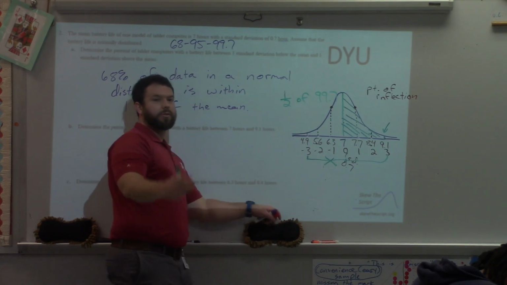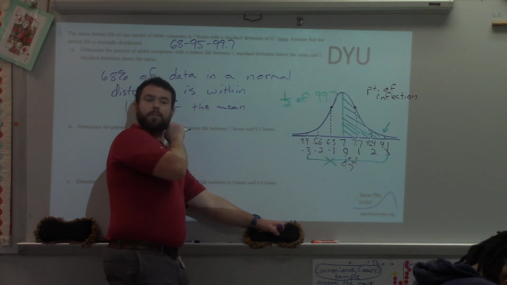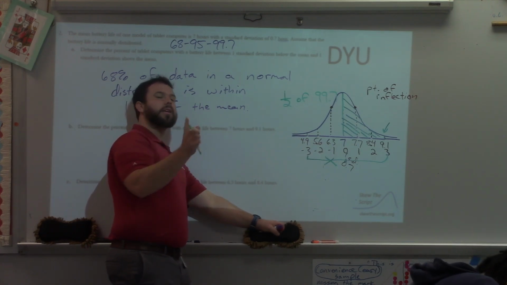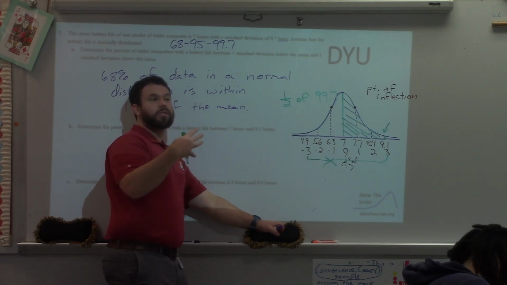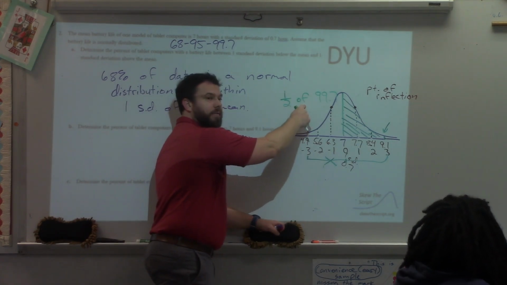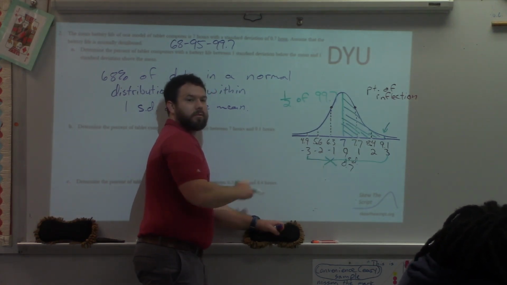So Jaden, what did you do with that 99.7? You divided it by what? Be careful with the language. You divided it by 2 to get half. One thing I want to point out, and I need everyone to notice this: if you ever have in math a percent of or a fraction of, you know what that word of translates to immediately?